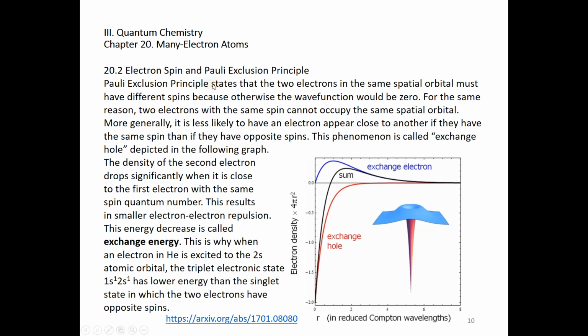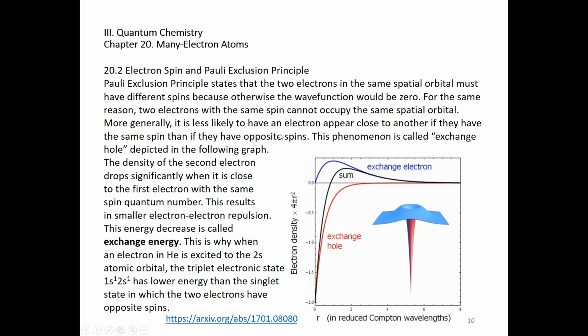The Pauli exclusion principle states that two electrons in the same spatial orbital must have different spins, because otherwise the wave function would be 0. For the same reason, two electrons with the same spin cannot occupy the same spatial orbital. And more generally, it's less likely to have an electron appear close to another if they have the same spin than if they have opposite spins.